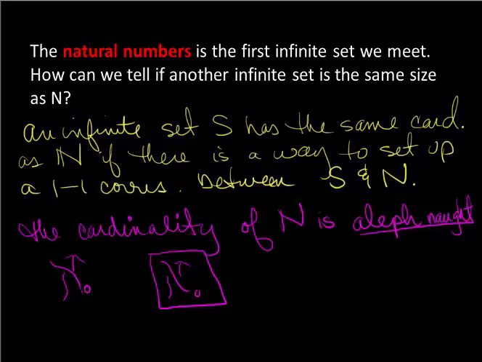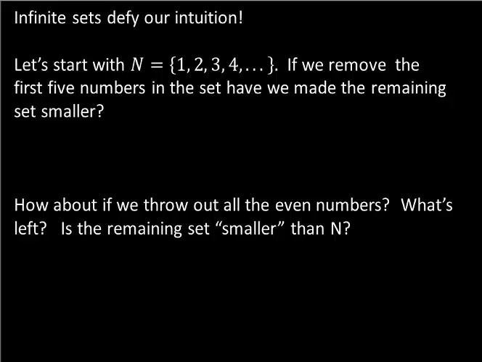And if another set has cardinality Aleph naught, we can prove that by showing that there is a one-to-one correspondence between that set and the set of natural numbers. We're going to start by looking at infinite sets which we may perceive or expect to be smaller than capital N. We may think that they would have a smaller cardinality if we go by our intuition that we have for finite sets.